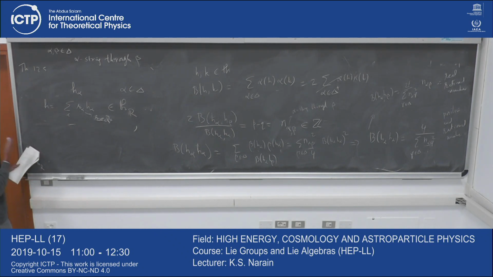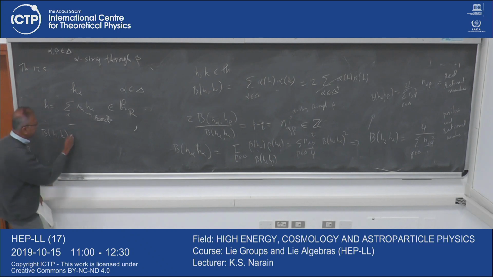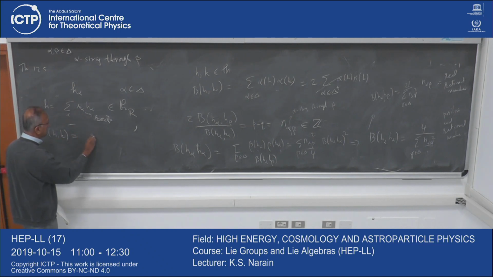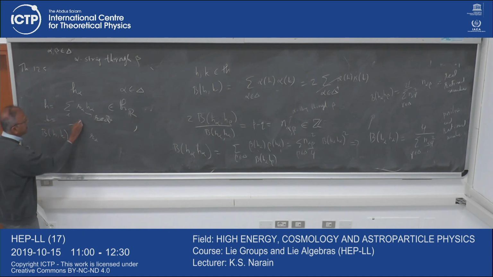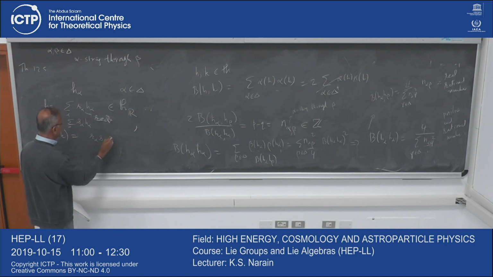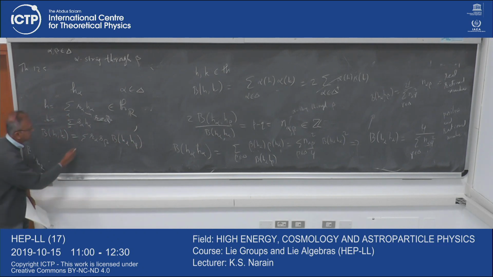But we want to do it for any H. So if you look first of all at B of H, K, I can expand H and K in terms of the H_alphas, with real coefficients. Say H is R_alpha H_alpha and K is S_alpha H_alpha. Then it will become the sum over all alpha and beta of R_alpha S_beta B(H_alpha, H_beta).